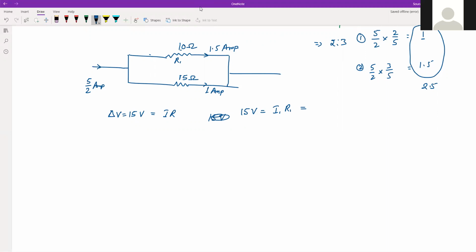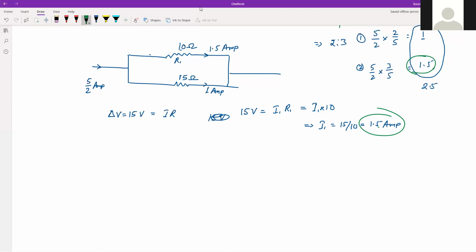I1 is something which we have to find out. It should be 1.5, but still we have to find it by this method. R1 is 10. That means what is I1? I1 is 15 by 10. How much is that? 1.5. So whether we do it like this or like this, we get the same answer.